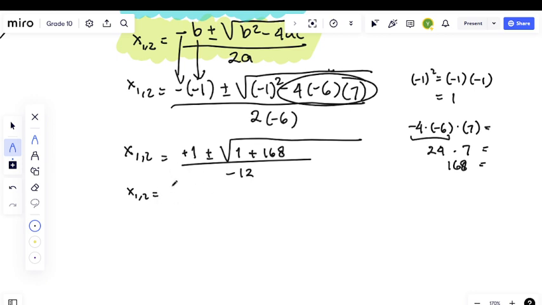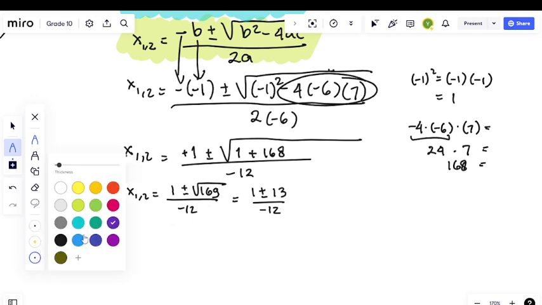Oke, jadi kita dapatkan 1 plus minus square root 169 over negative 12. 169 itu adalah, kalau di akar, it's 13. Okay, so if we're going to find the solutions, we have to split it. Ya, dipecah jadi 2.